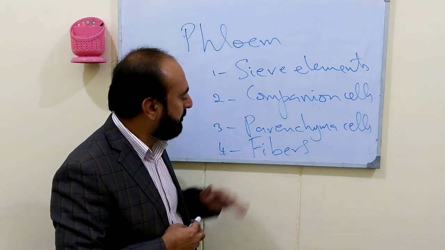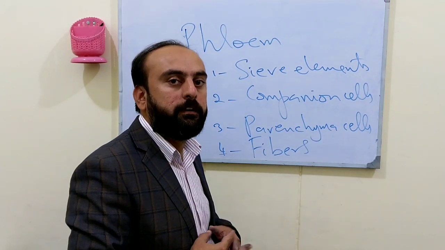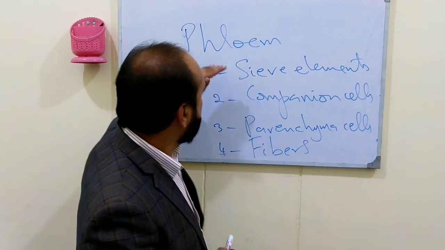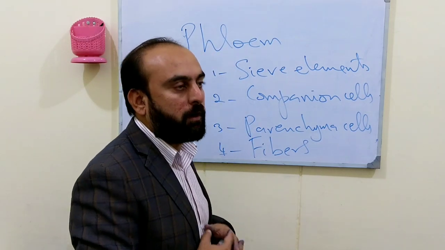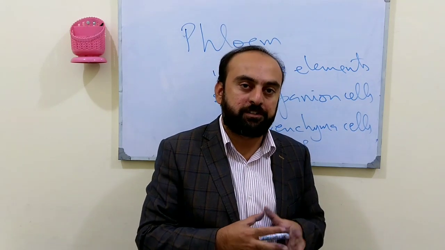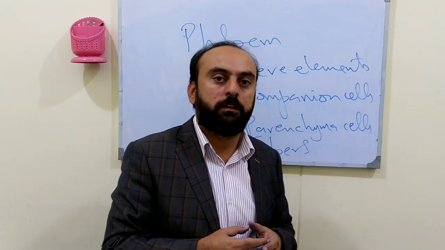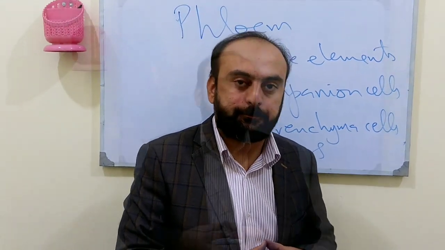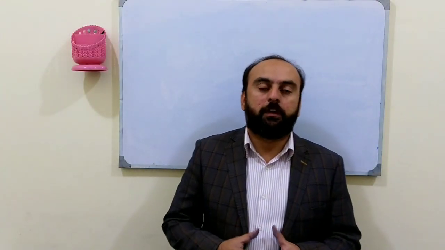And phloem fibers help in structural support of the plant. So in this way, the phloem transports the products of photosynthesis and distributes it throughout the plant body where they are needed.